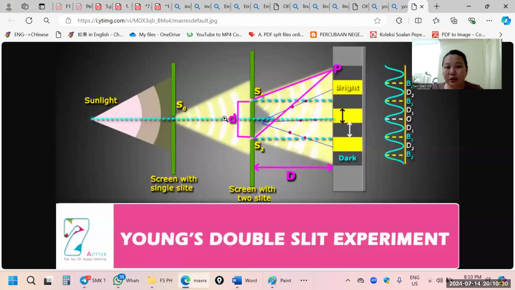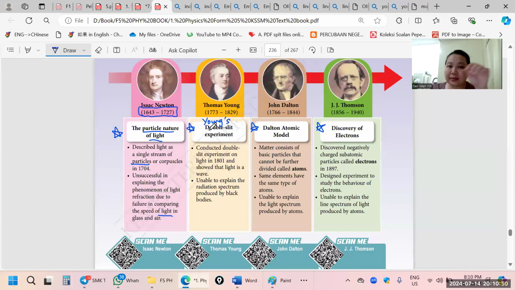We let the light pass through two slits. Slits means very small holes. Then it will form a pattern of dark fringe, bright fringe, dark fringe, bright fringe. It means there is an interference pattern, which means light is a wave. So he proved that light is a wave.